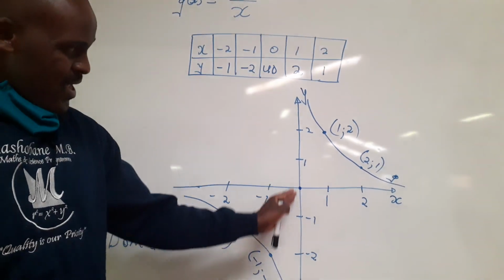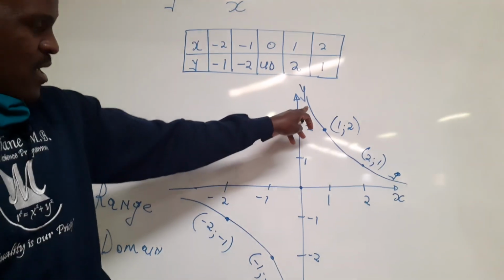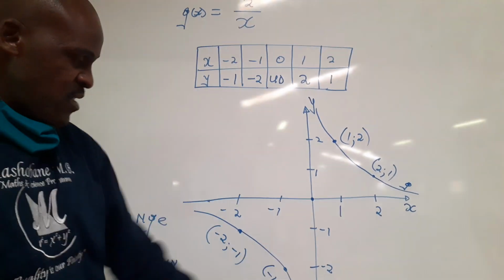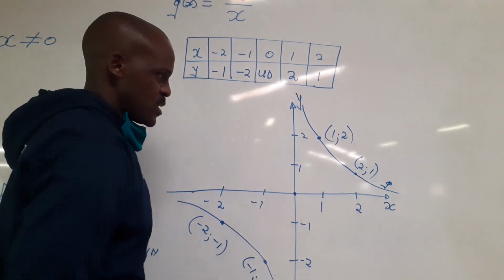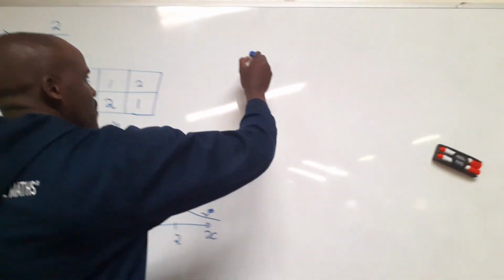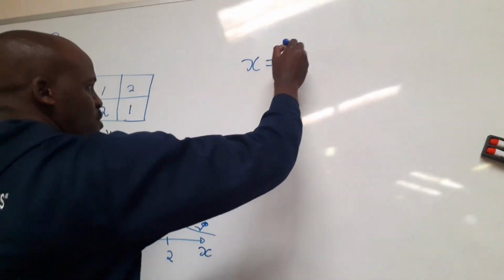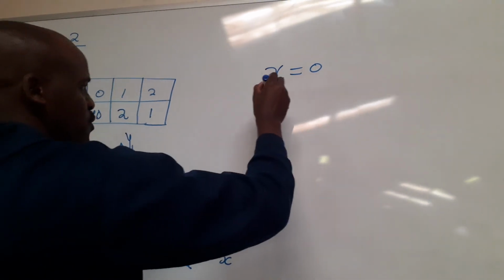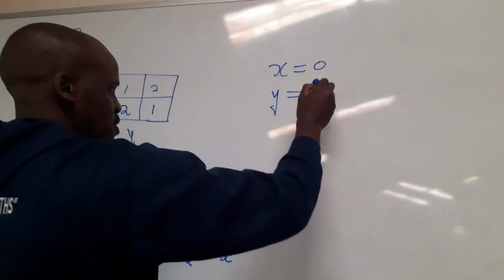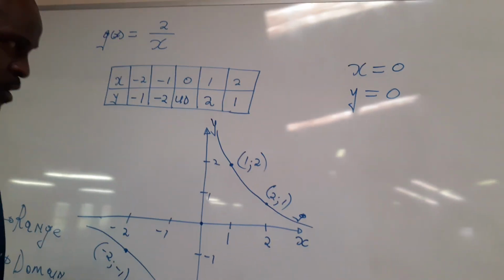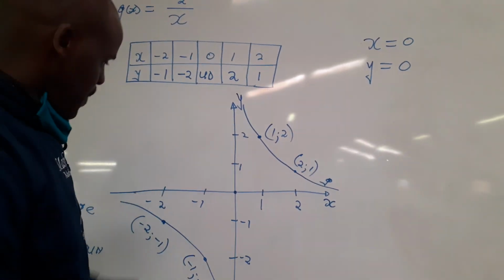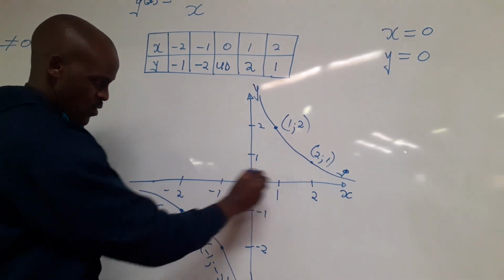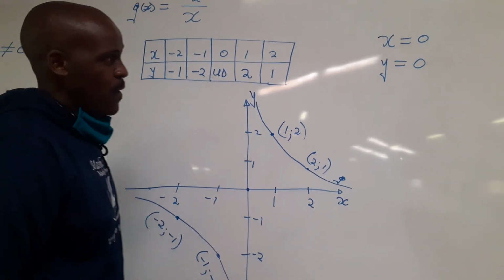We've got the y-axis where our graph must not touch the y-axis. Also, it mustn't touch the x-axis. We do not touch where x is equal to 0, and we do not touch where y is equal to 0. X is equal to 0 is our asymptote. Y is equal to 0 is our asymptote.